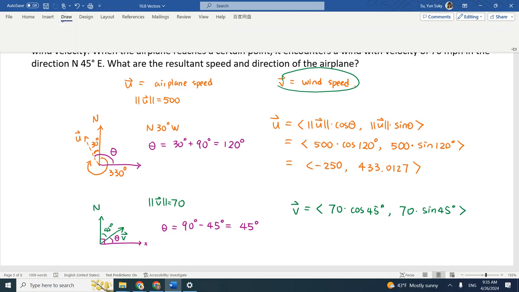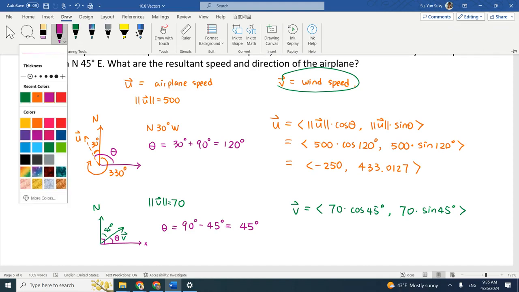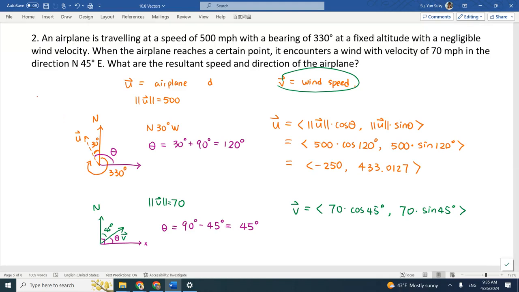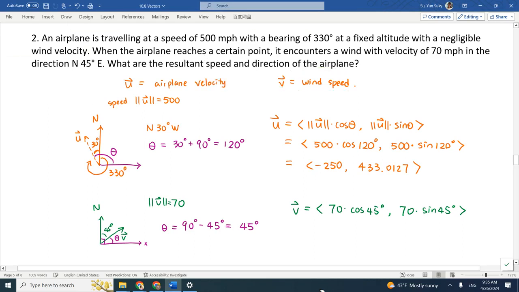Oh, I just realized I have a mistake here. Usually people say speed is the magnitude, it has no direction. When you want to say it has a direction, you call it velocity. So let's call v the wind velocity. The speed is the magnitude of the velocity.